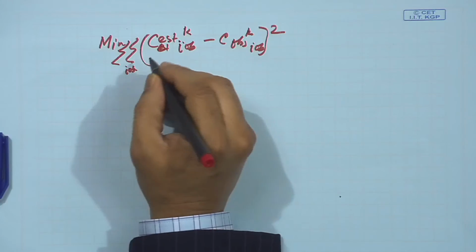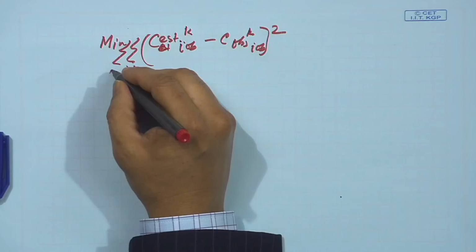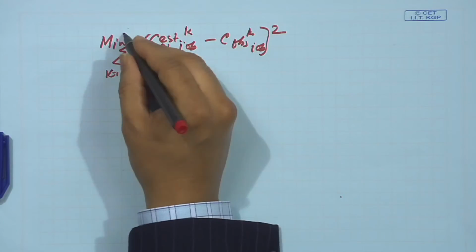IOB is the location index, going from 1 to NOB, and the time period is k equal to 1 to nk.